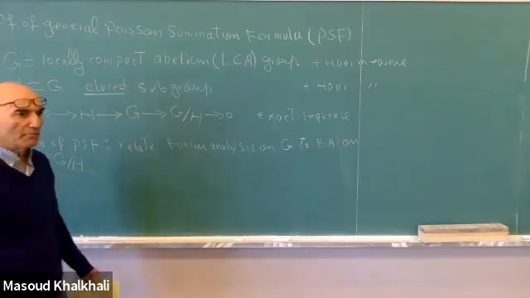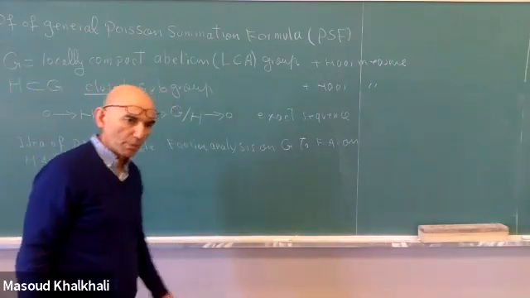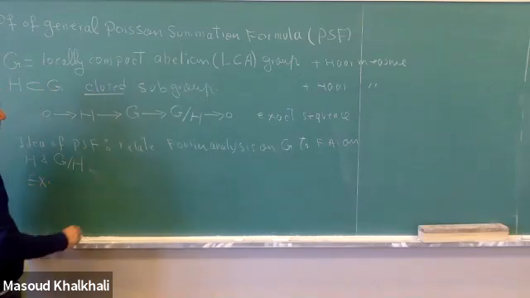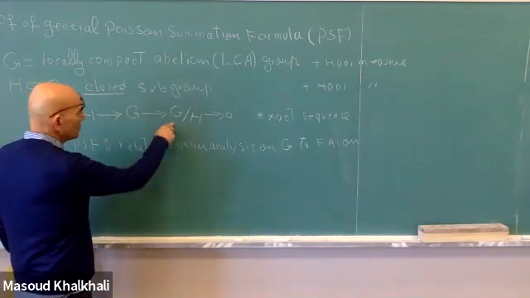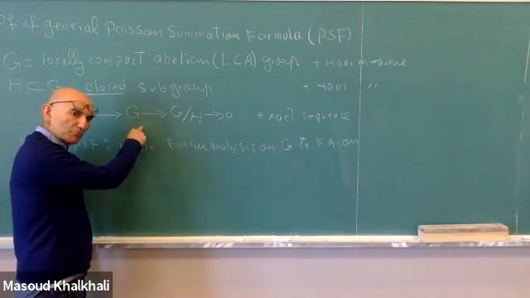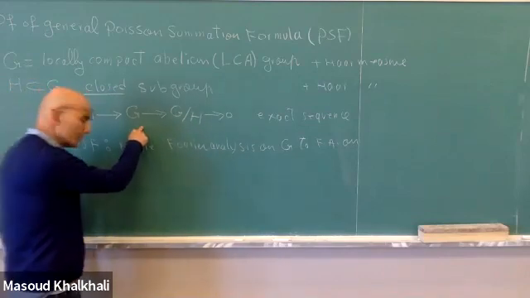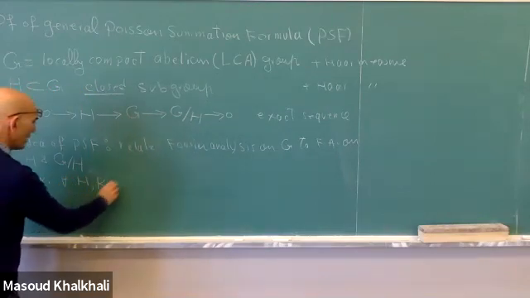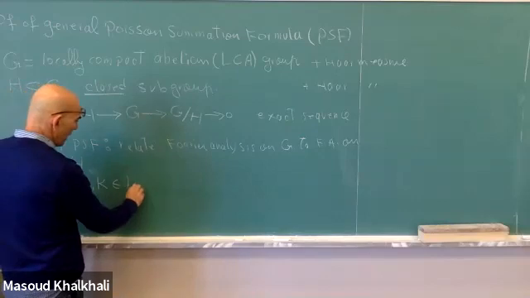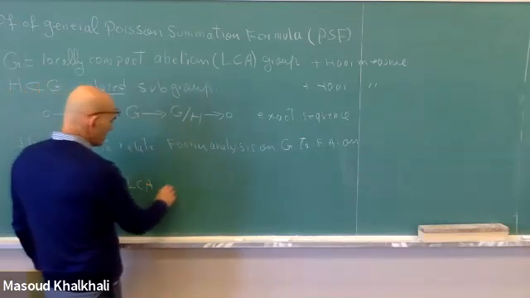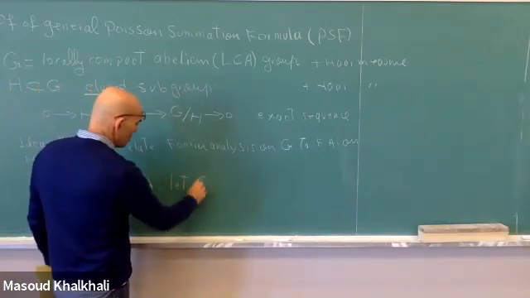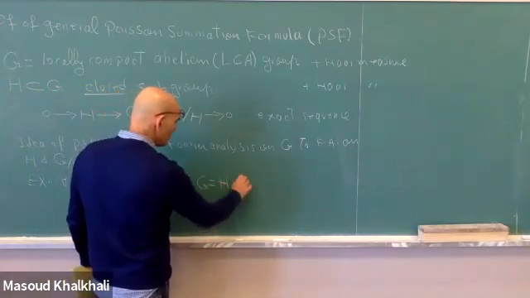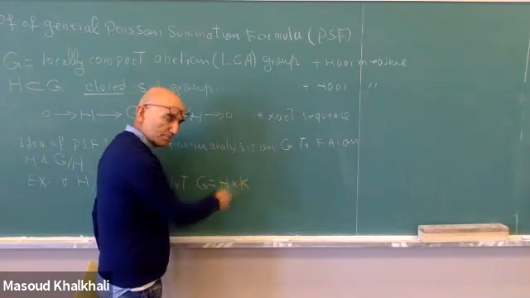A very simple, almost trivial example is the following. Of course, you can take G to be a direct product of two locally compact groups, right? For any H and K belonging to LCAs, you can take G to be H cross K, the Cartesian product of the two.